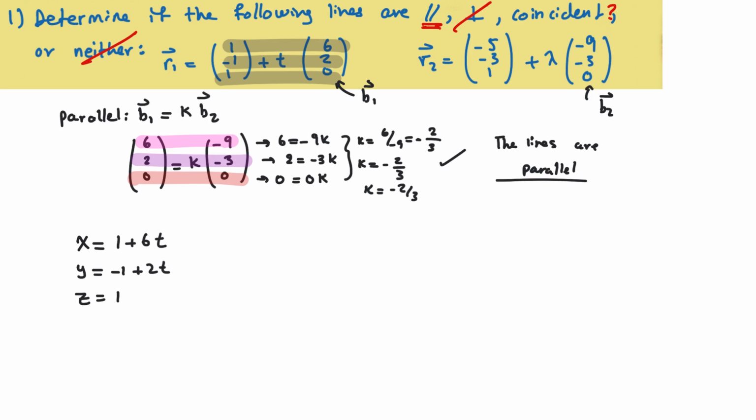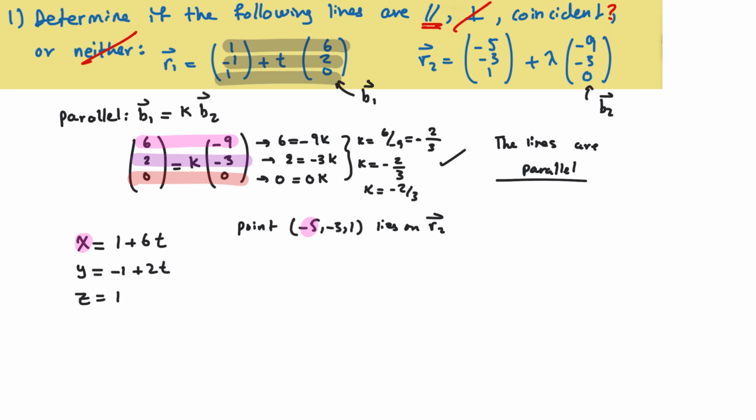So we know that the point -5, -3, 1 lies on R2. We're going to see if those values actually are on R1 as well.